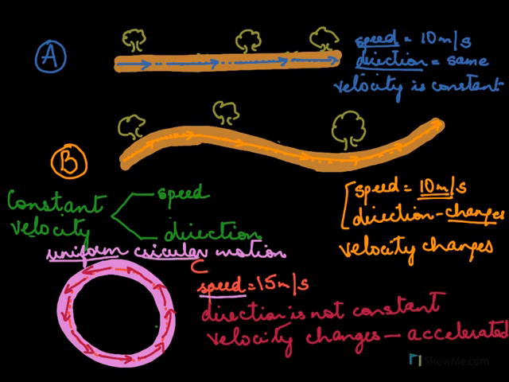Now is uniform circular motion accelerated? You say yes, uniform circular motion is accelerated because although the speed remains the same, the direction is not constant. Direction changes, hence velocity changes. And if velocity changes, the body is said to be accelerated.